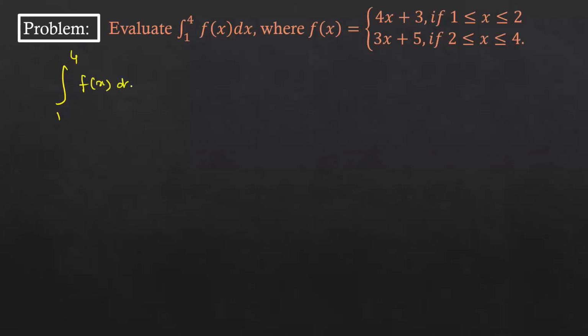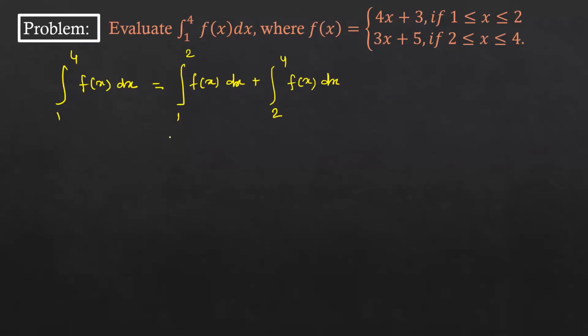Integration from 1 to 4 of f of x dx is equal to, from which point do we break that interval? 1 to 2. So we take 1 to 2 of f of x dx, and then 2 to 4. We have to integrate up to 4. 2 to 4 of f of x dx.